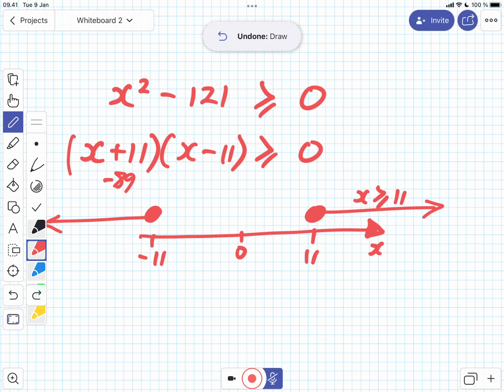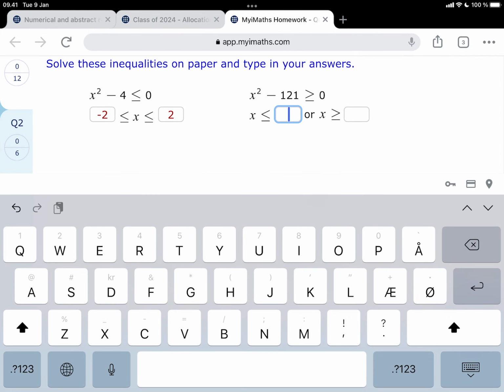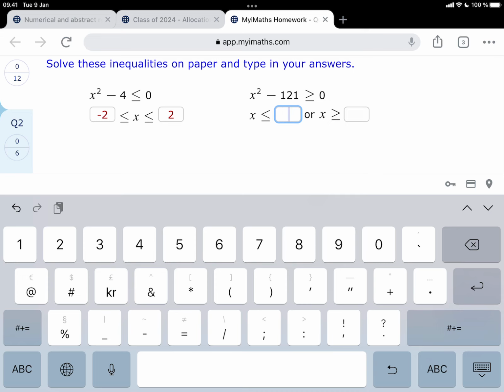So in other words, this inequality is true if x is more than or equal to 11, or less than or equal to minus 11. So let's just go back to the MyiMaths. Okay, so x less than or equal to minus 11, or more than or equal to 11.